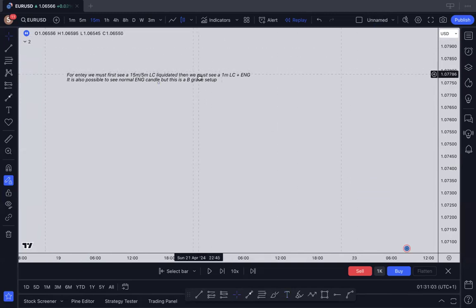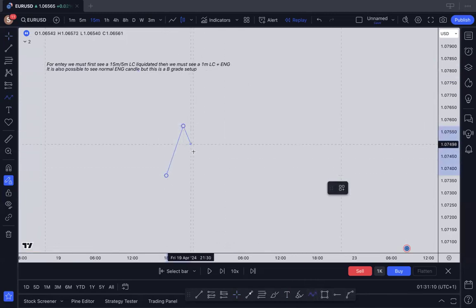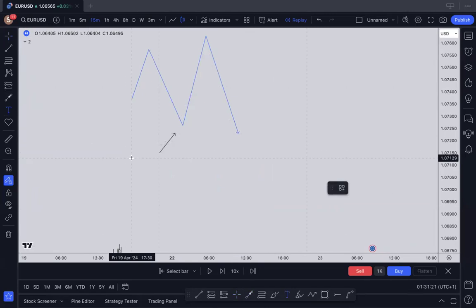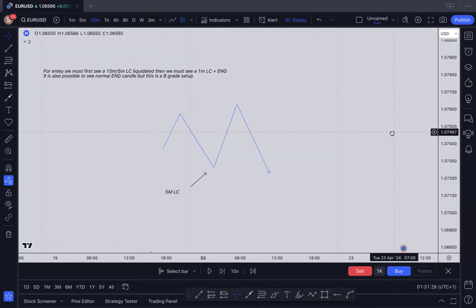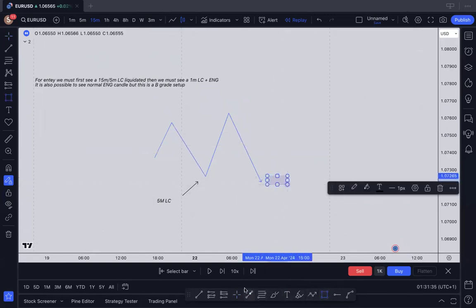Okay, so what do I mean by this? So first of all, we must see a liquidity candle liquidated. So say, for example, we come in here and we see something like this. Okay, this here is a liquidity candle. Say, for example, on the 5M LC, from here, we then must see a candle like this.